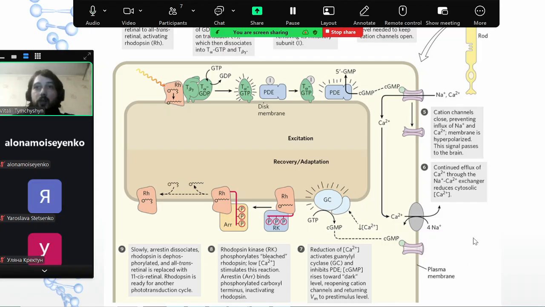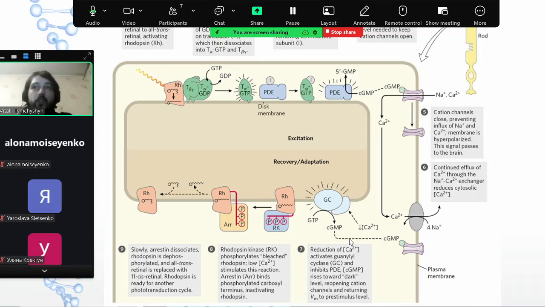This reduction activates the guanylyl cyclase. You might guess by its name what it does. Guanylyl cyclase takes guanosine and transforms it into cyclic GMP. The concentration of cyclic GMP starts rising towards the dark level, reopening cation channels and returning the membrane potential to its pre-stimulus level.